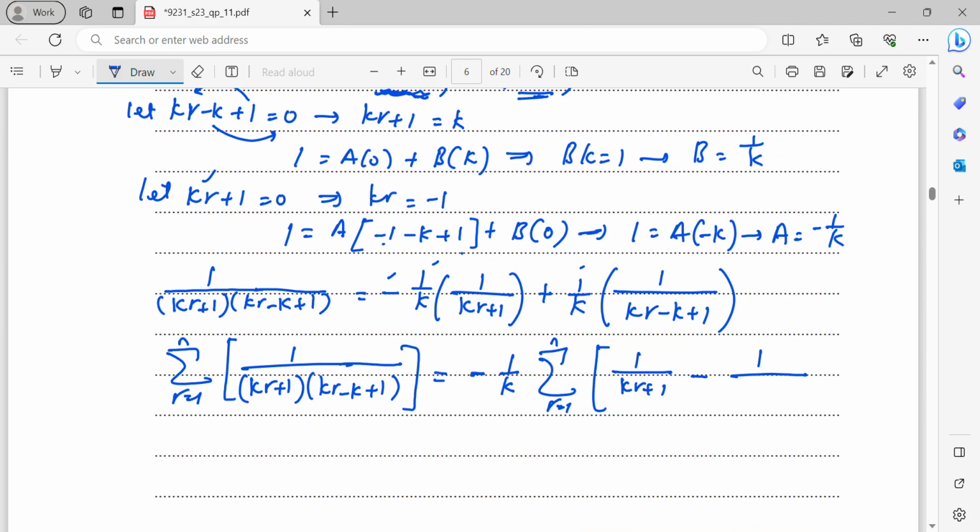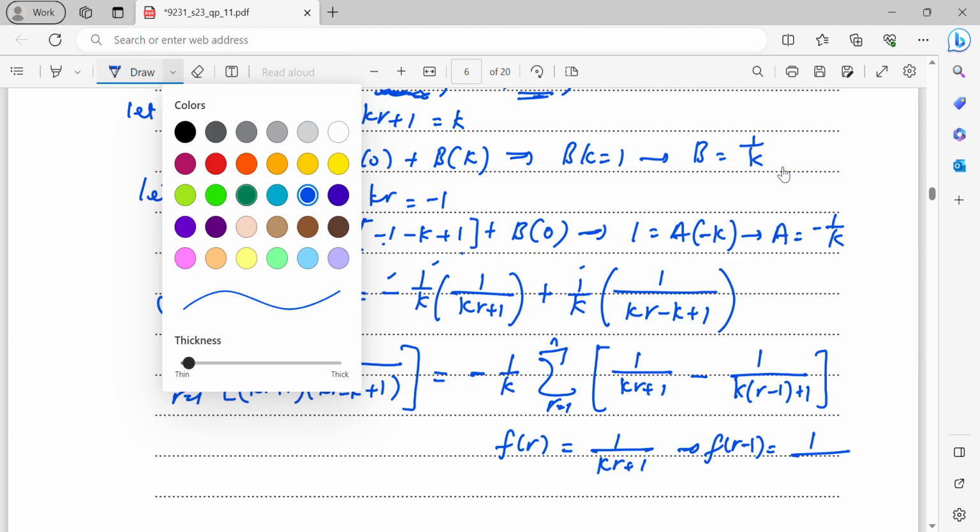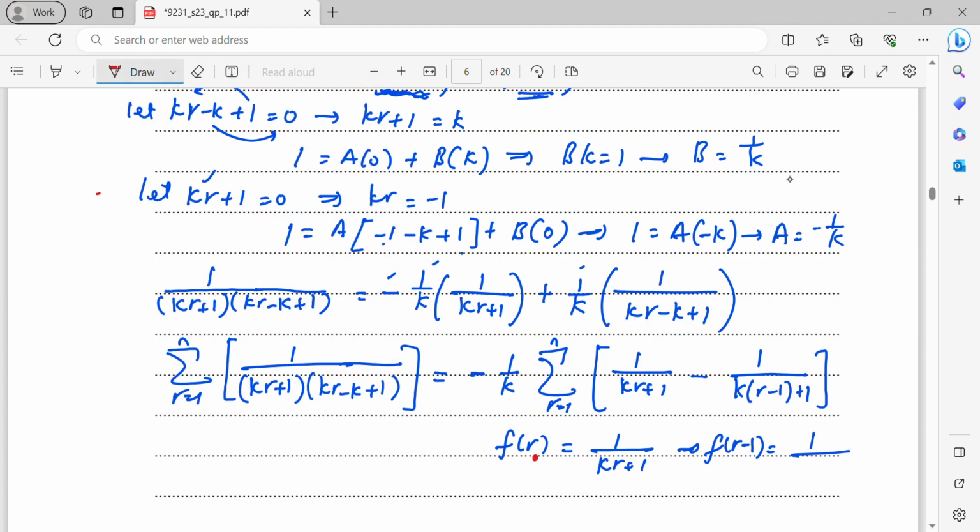So now from here, for the kr minus k plus 1, I will change it to k bracket r minus 1 plus 1. So then I will let my f(r) be 1 over kr plus 1. Hence, my f(r minus 1) will be 1 over... When you look at the function here, when here is r, this is r.